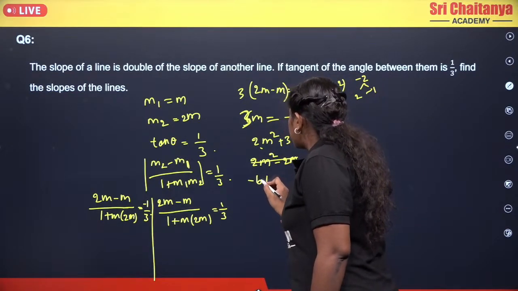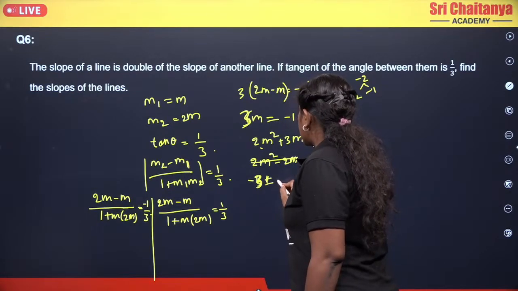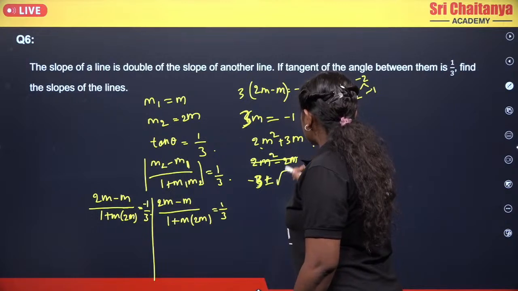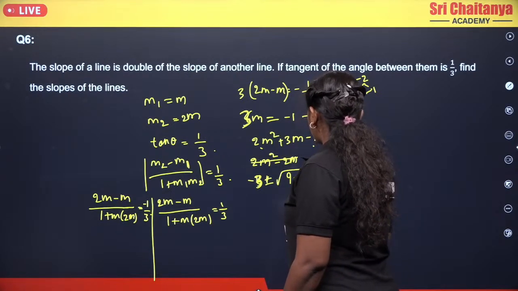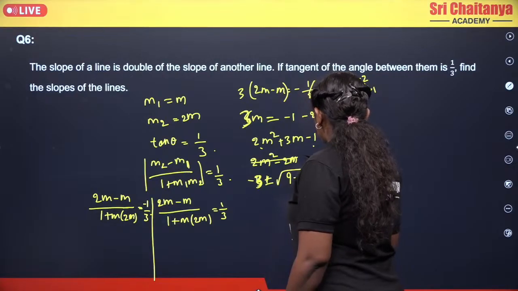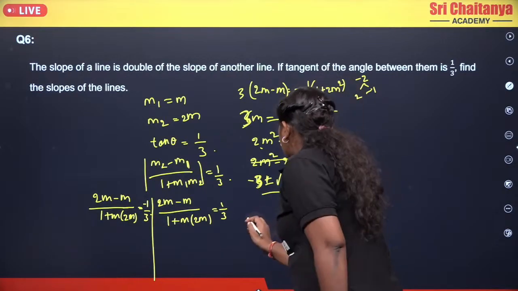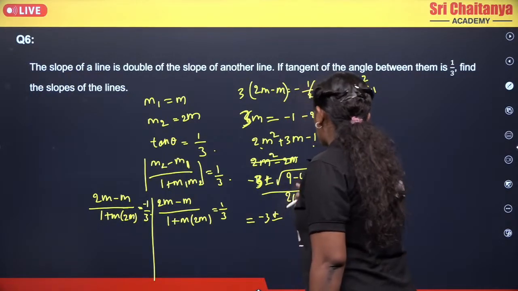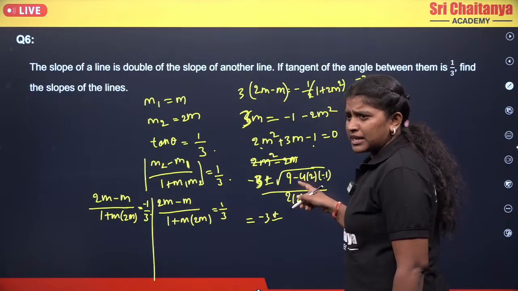So minus b, which is minus 3, plus or minus root of b square minus 4ac, that means 3 square, which is 9, minus 4 into a, which is 2, into c, over 2 into 2. So that becomes minus 3 plus or minus root of, minus into minus will be plus, 8. 9 plus 8 will be 17.